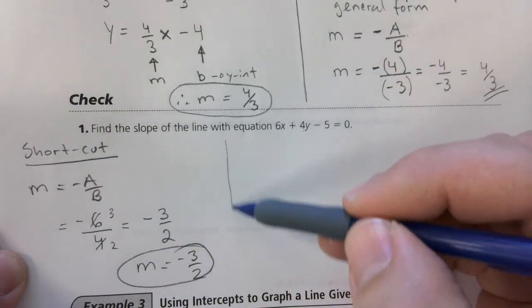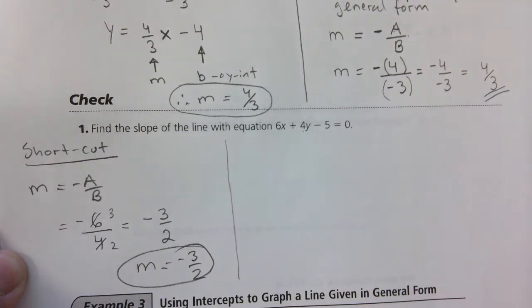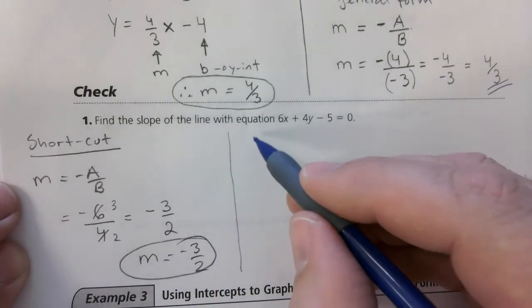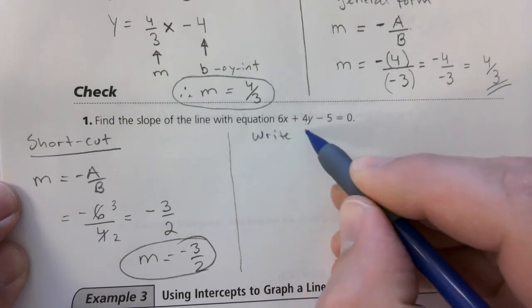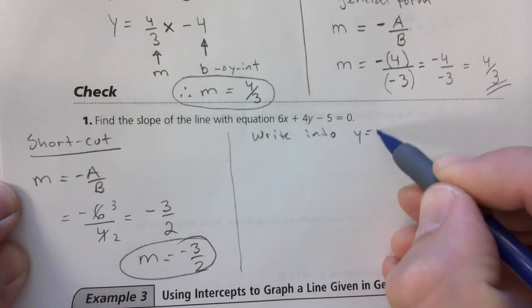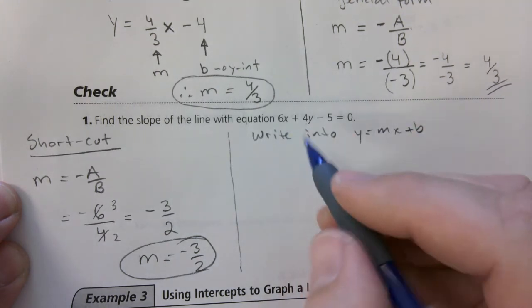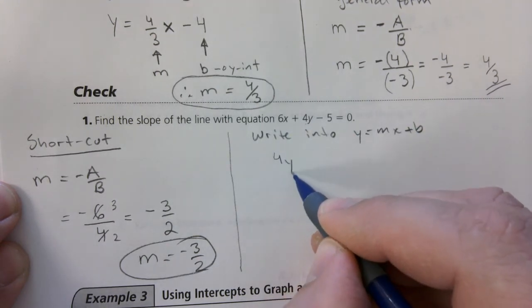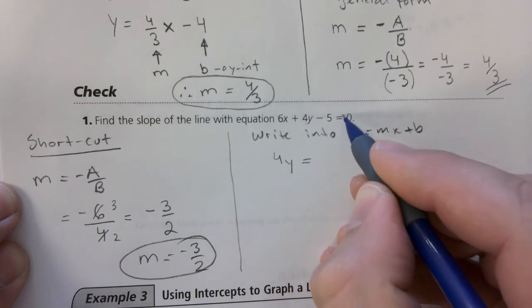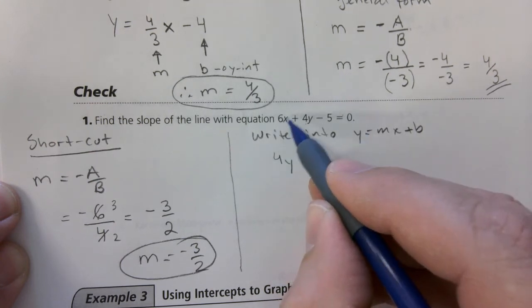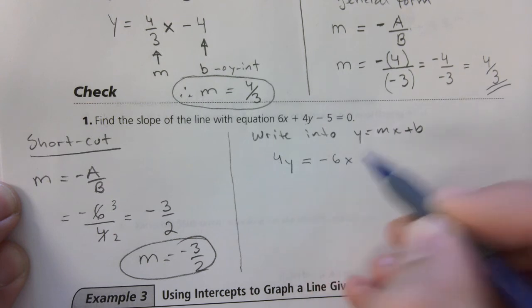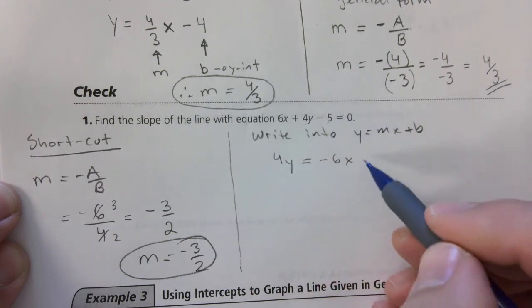So let's say a test says, now double check by rewriting this into slope-intercept form. Write into y is equal to mx plus b. So we take the 4y equals, this equal sign, and then we bring the 6x over, it goes negative 6x. The 5 comes over positive.